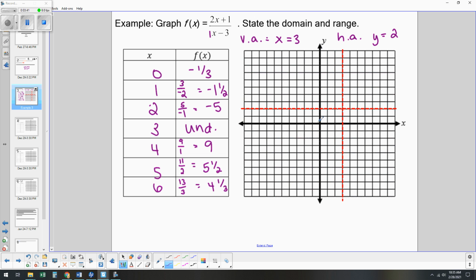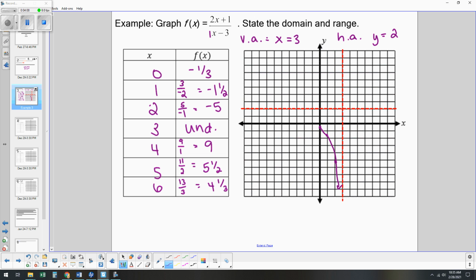So I'm going to go ahead and graph these. We have 0, negative 1/3. We have 1, negative 1.5. And we have 2, negative 5. So 1, 2, 3, 4, 5. So these are going to be a little easier to draw than the ones from yesterday because they're going to give us a little more room. All right, they're not going to be as tight.